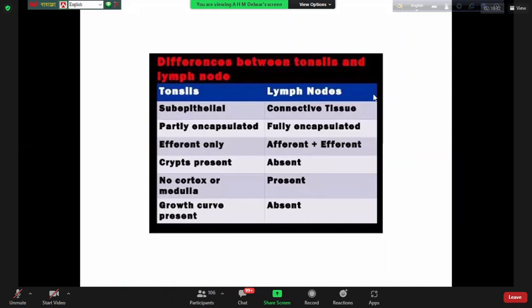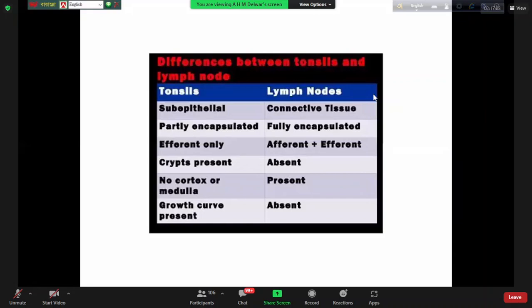Efferent means away from the center, and the lymph node has afferent and efferent vessels. Crypts are present in the tonsil, but lymph node has no crypts. Tonsil has no cortex and medulla, but lymph node has a cortex and medulla. Germinal centers are present in the tonsil, but in lymph node absent.